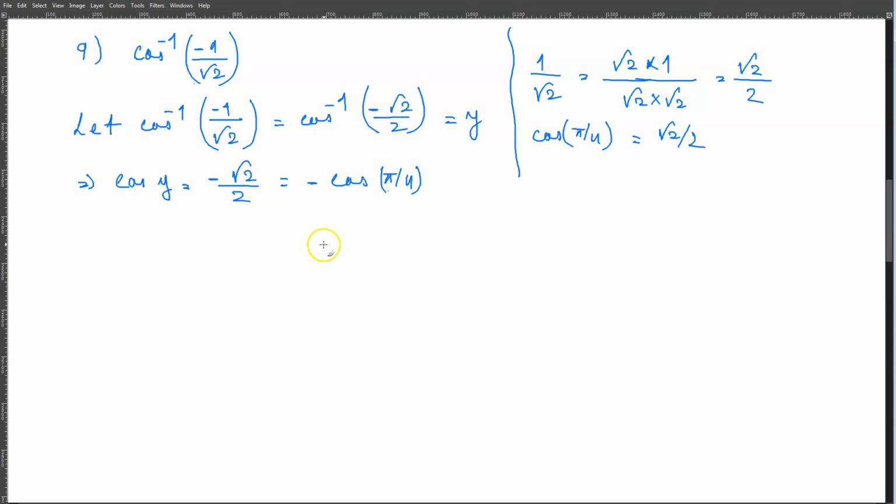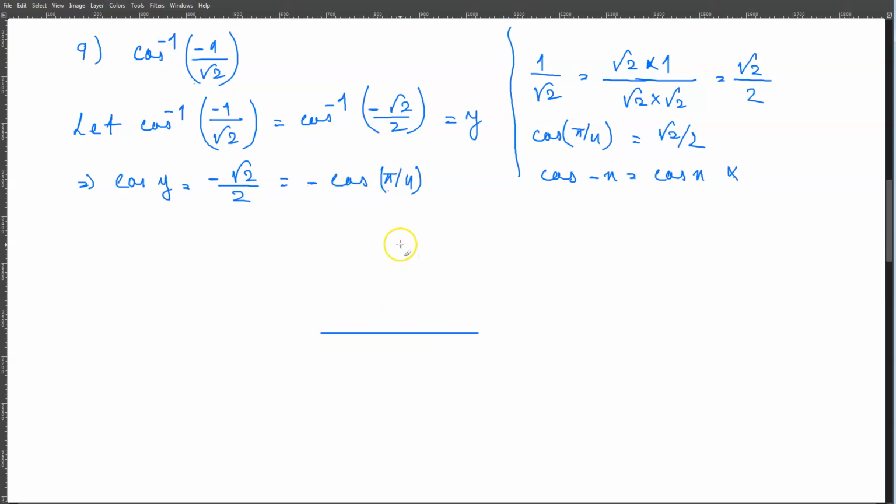Okay. Now I also know that the cos of negative x is equal to cos x. But I don't have negative x inside the cos over here, so I cannot use this formula. I have to use the unit circle in order to find out what angle gives me the negative of cos of pi by 4, right?